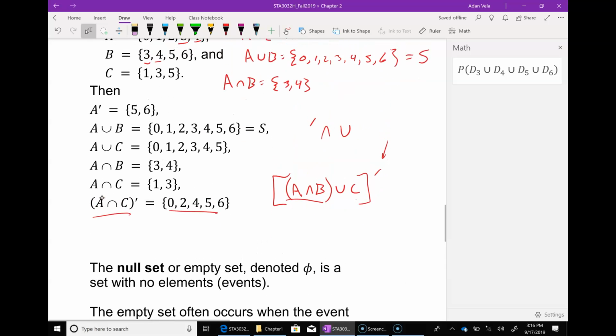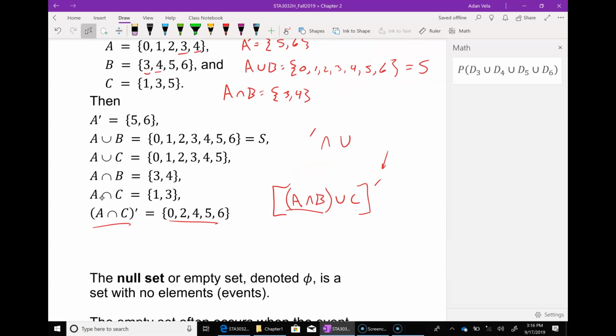All right. Now, we do have a special set, which is the null set. The null set is basically the empty set, right, where there's nothing inside of it. All right. And this actually happens quite frequently, right? So an example would be, let's say, D is equal to the set containing 4.